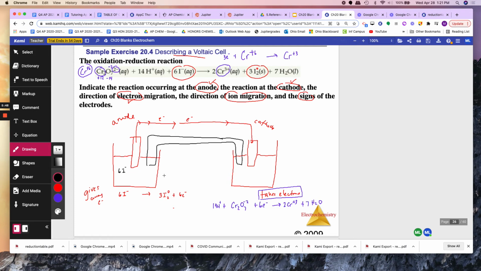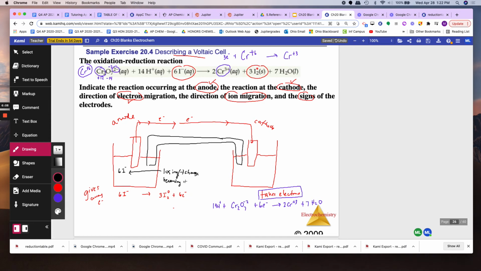You are losing negative charge, which means it's becoming more positive. So if you had a salt, you're going to make the negative ions go this way. Let's say the negative ion is nitrate. You're going to make the nitrates come out this way as 6 I- goes away.